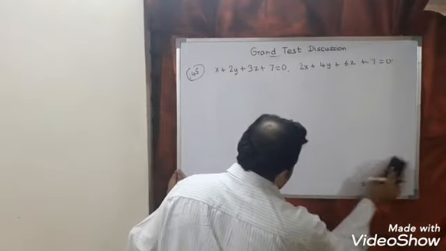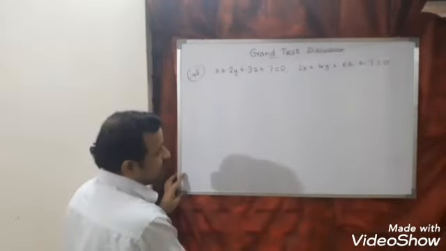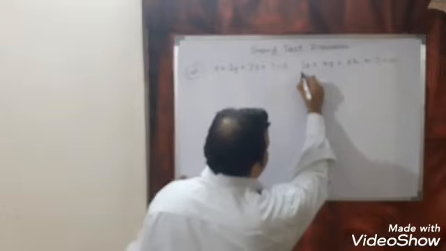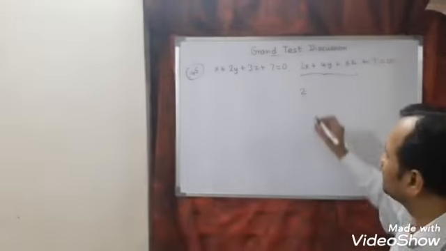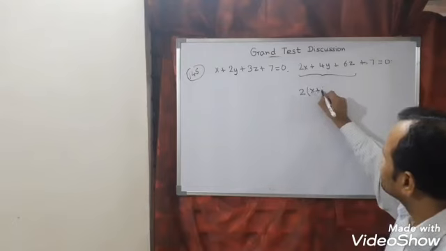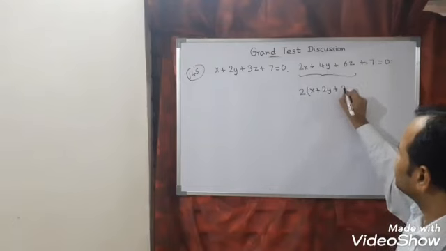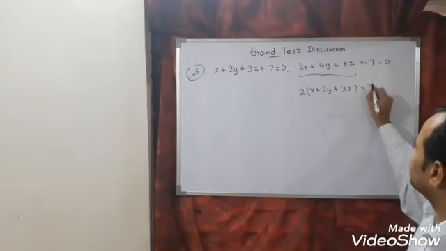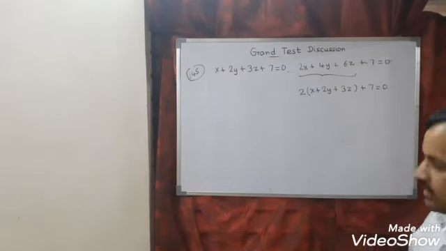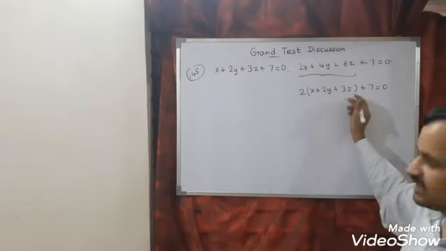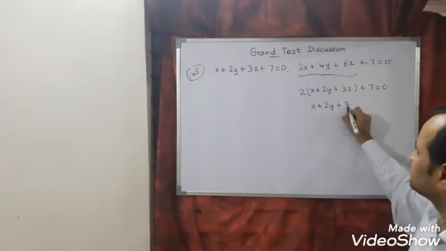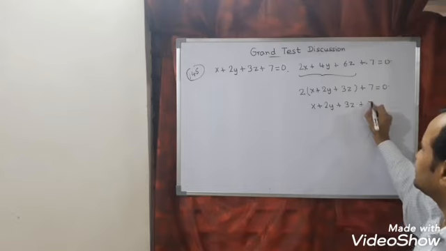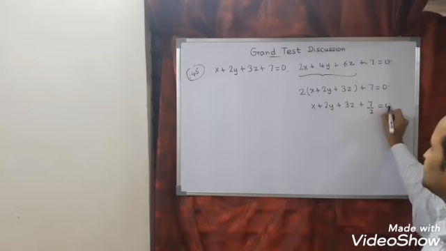Now look here, directly based on the formula, what I am doing here is, we can take something common here. 2 we can take common. So x plus 2y plus 3z plus 7 by 2 equal to 0, dividing both sides by 2.